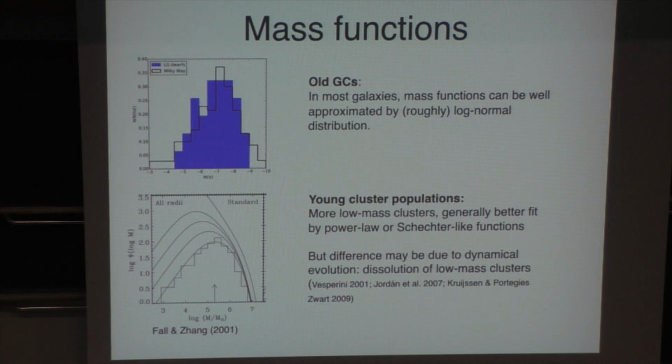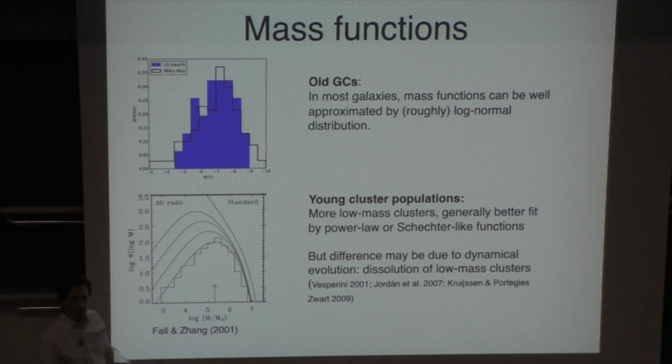In the Antennae and in many other young cluster populations, the mass function looks more like this. It keeps rising down to low masses. So what is responsible for this difference? Well, the prevailing picture, I would say, is that this is probably due to cluster disruption. The low mass clusters are just easier to disrupt. They live shorter than the more massive ones.